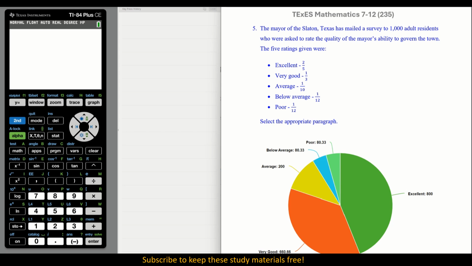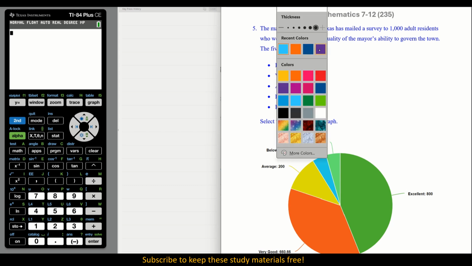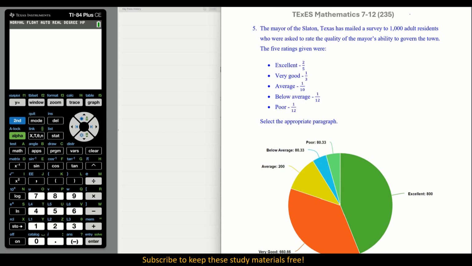Okay. Well, before we even look at the pie graphs, we need to do a little bit of looking at our situation. So you grab another color that's a little darker. So what they're doing is you have a part over total of all these. So let's look at excellent. We need to put that in the calculator.